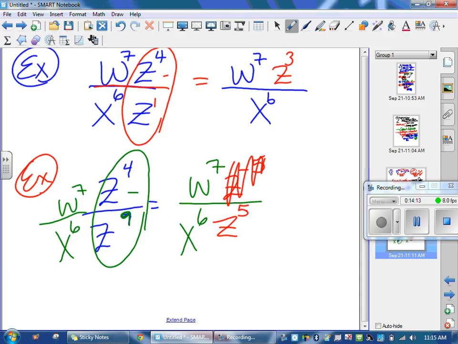Whenever you subtract the numbers and get a negative, you put your answer where the bigger number is, either on top or on bottom. Here my bigger number was on the bottom, so my answer went to the bottom. Here my bigger number's on top, my answer went to the top. Does that make sense?